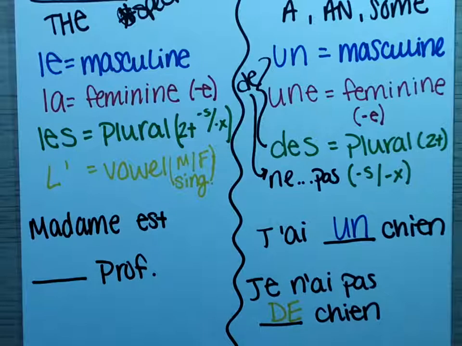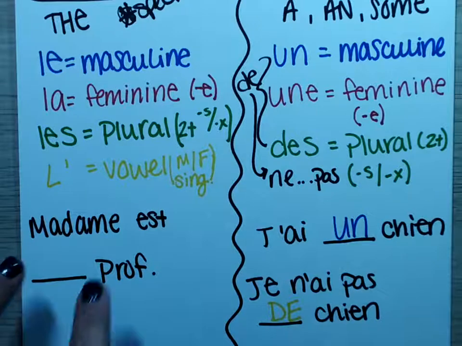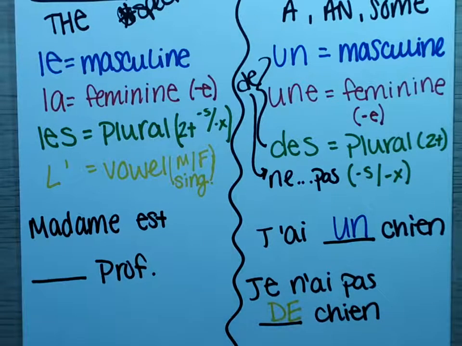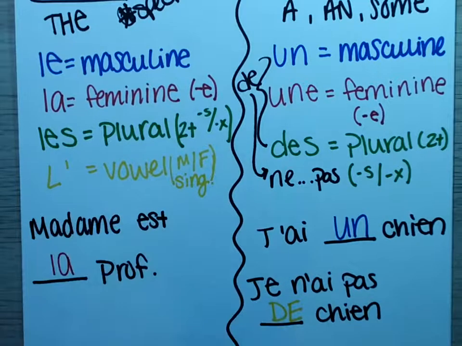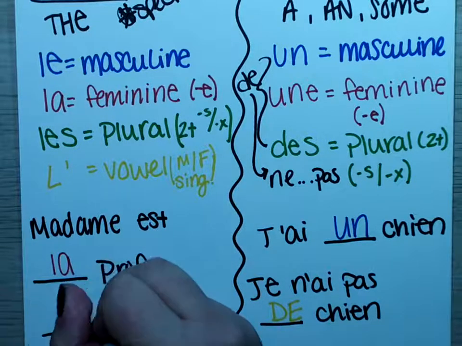Now we should technically look at prof, but remember, prof doesn't have both genders for their articles, so their agreement. So we're going to use Madame as our clue. And so because Madame is feminine, we are going to need la. So we say Madame est la prof. Madame is the teacher.